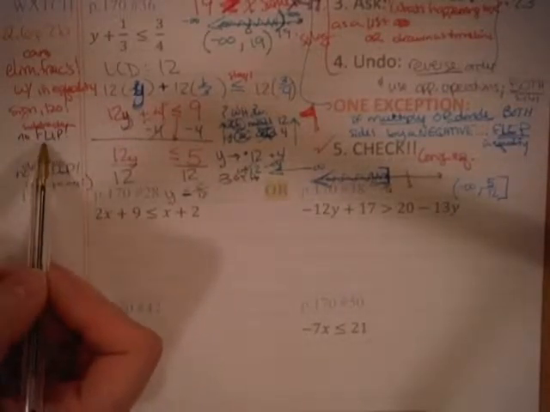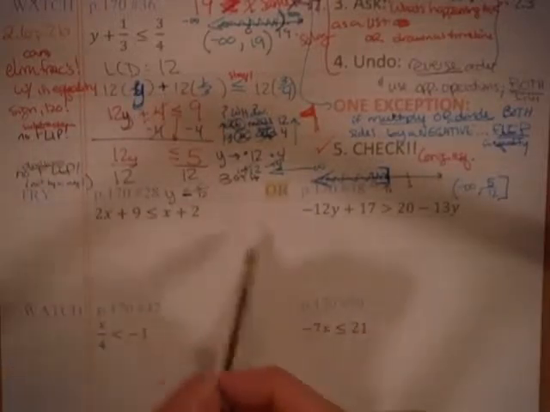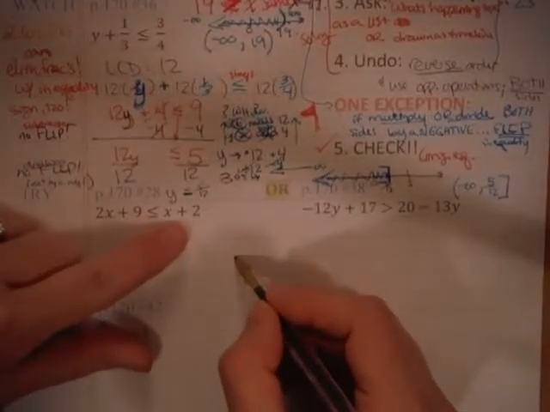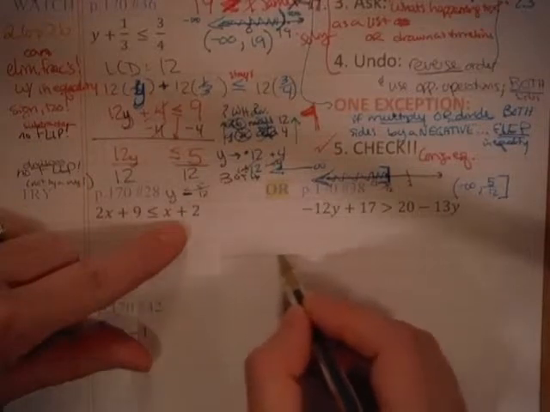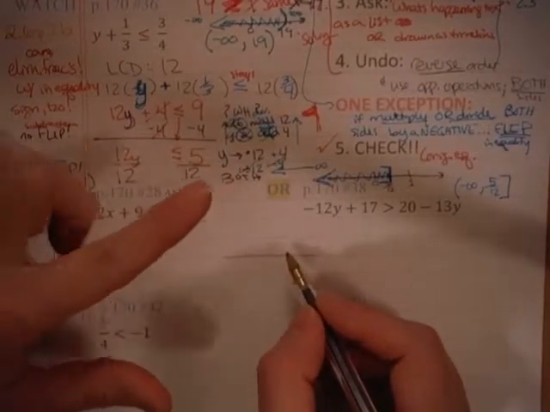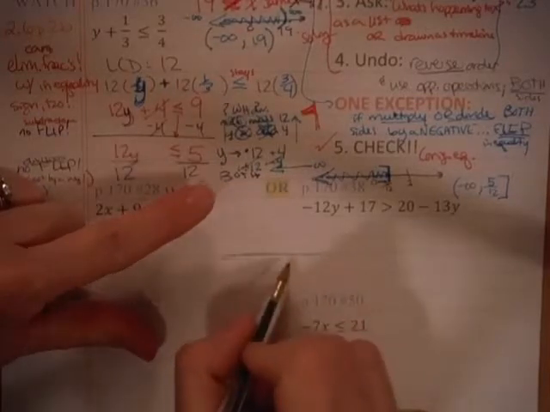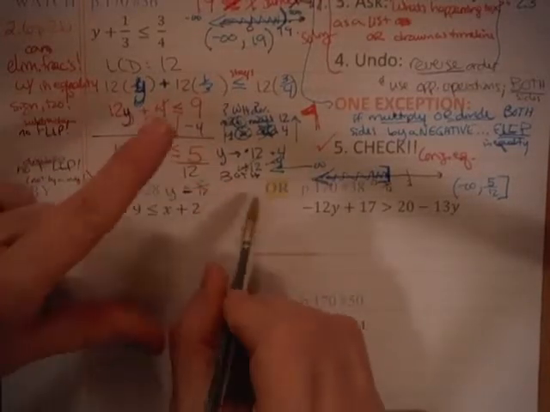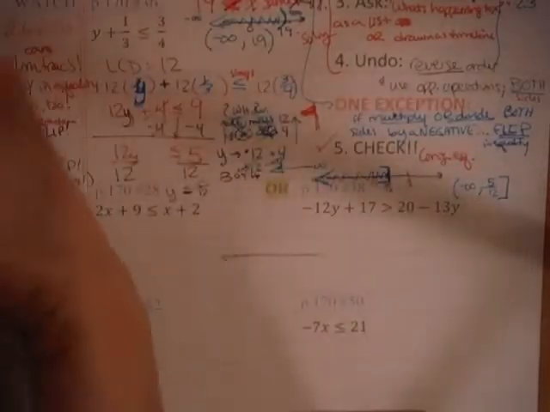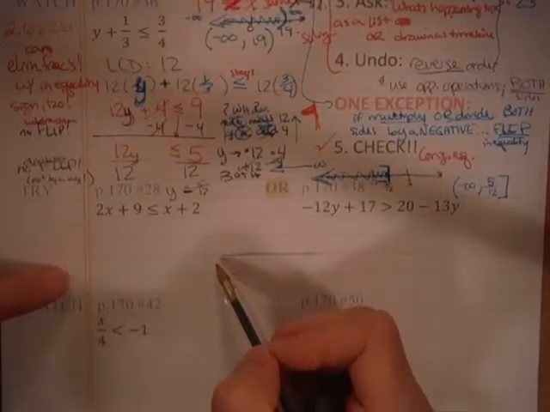It does not affect it. It just slides it along the number line. If you're here on the number line and you add or subtract something, you just slide one or the other. The alligator will still be aimed at his little meal. But as soon as you multiply or divide by a negative, you flip the sign. That alligator will then turn and face what it still wants to eat.